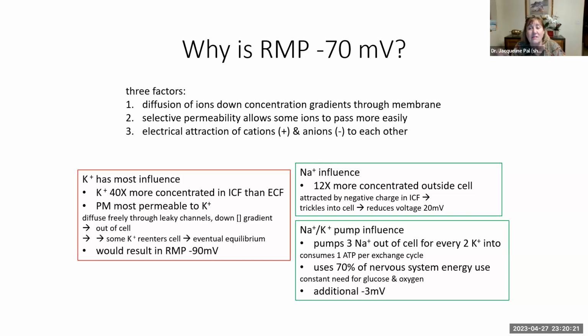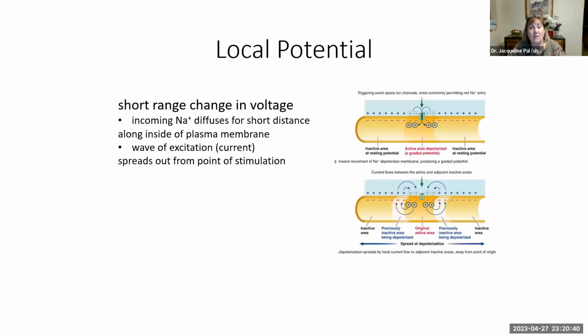And that's why neurons are the cells that die the fastest in your body when you have problems with your circulation. At most, this would change the millivoltage 2 to 3 millivolts. So it's mostly potassium with some influence from sodium.